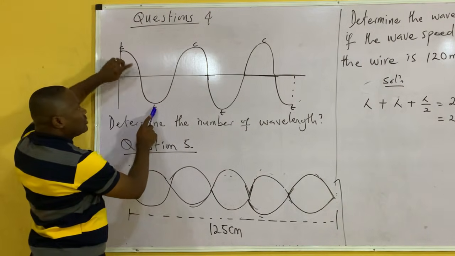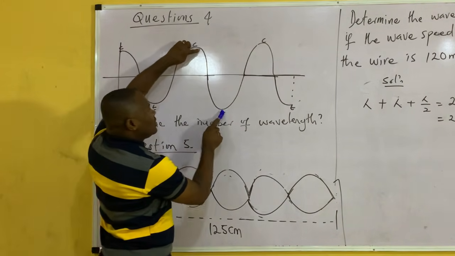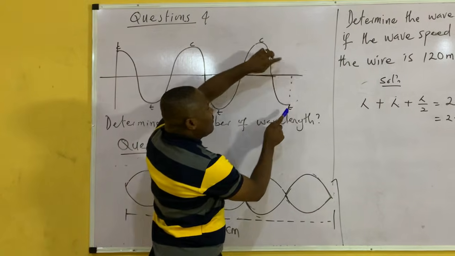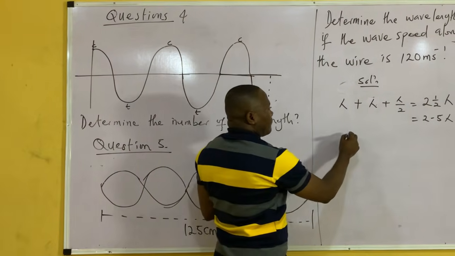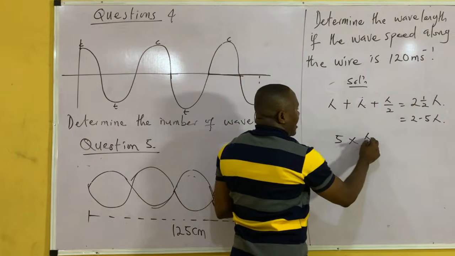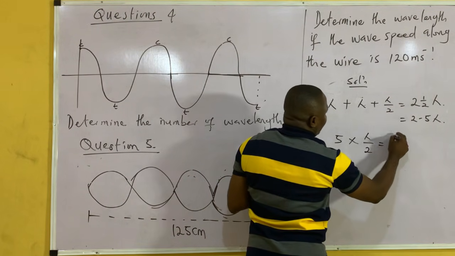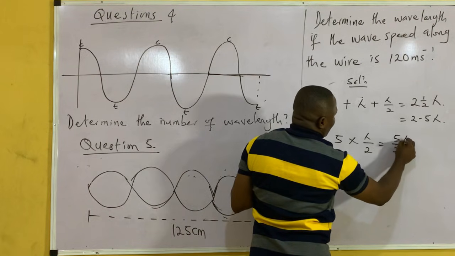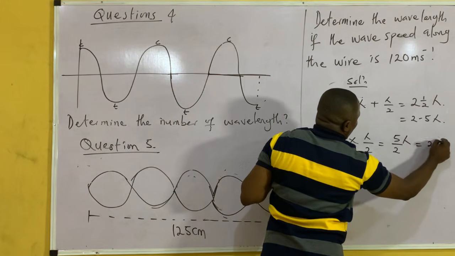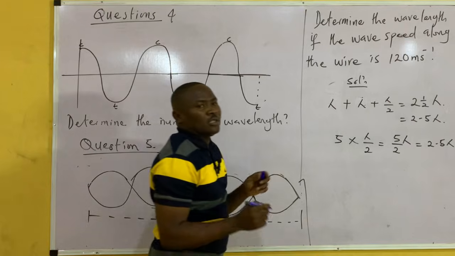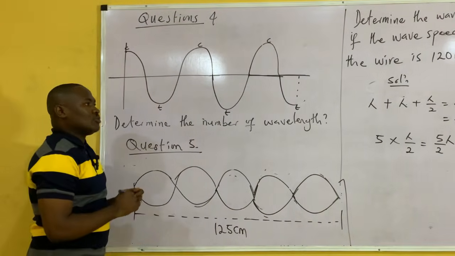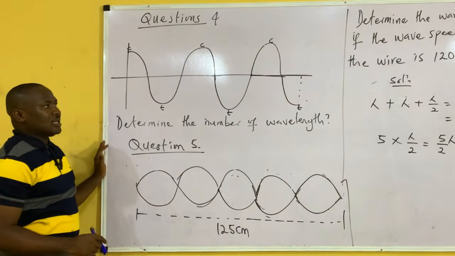We have 1, 2, 3, 4, 5. So I have 5 times half a wavelength, so that becomes 5 over 2 wavelengths, which is 2.5 wavelengths. So those are the two possible ways you can get that done.